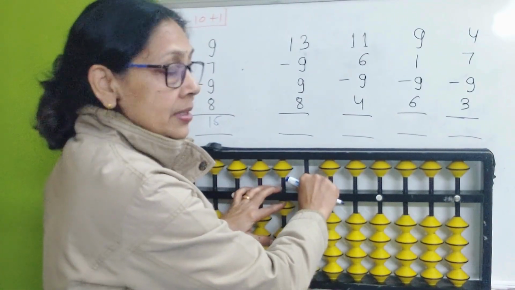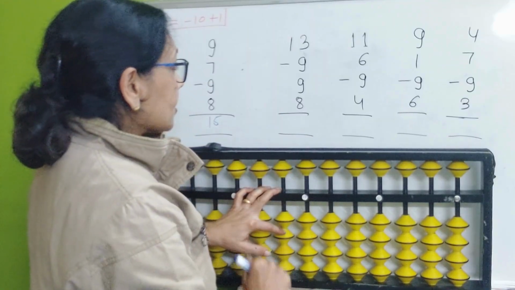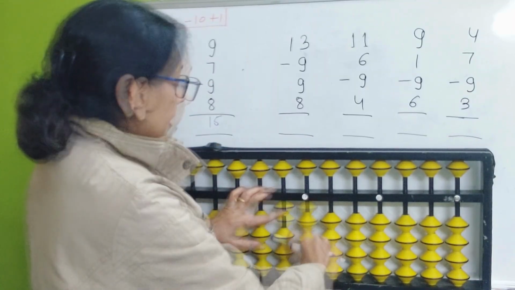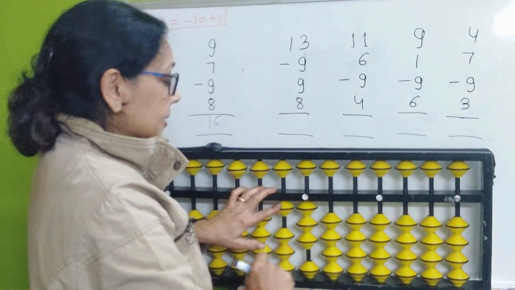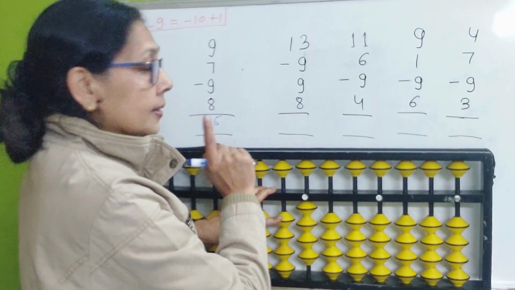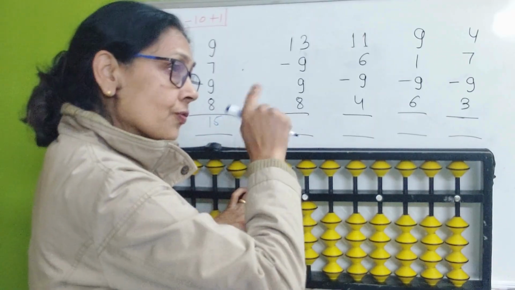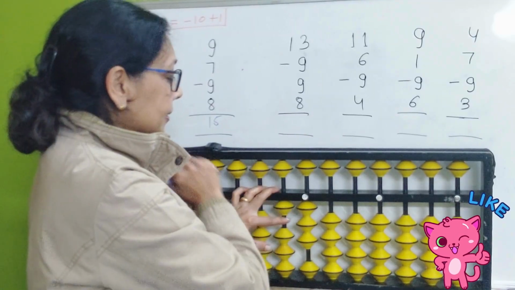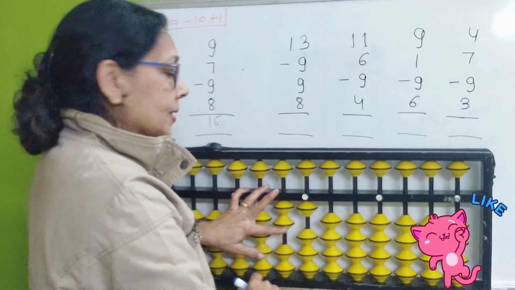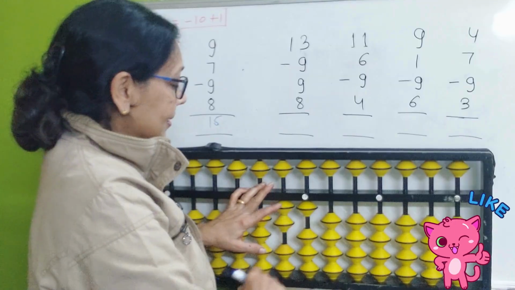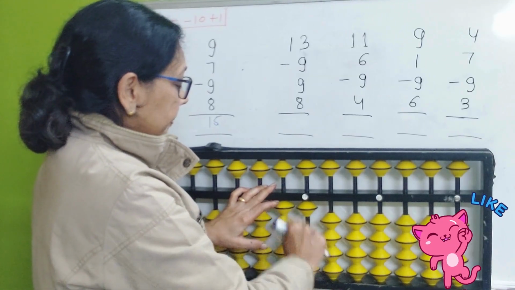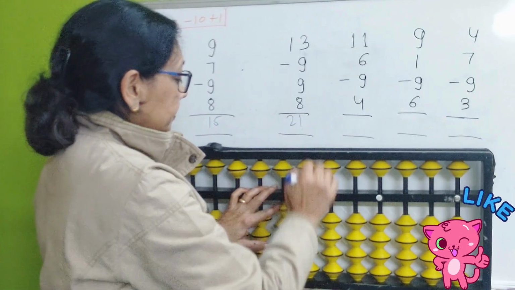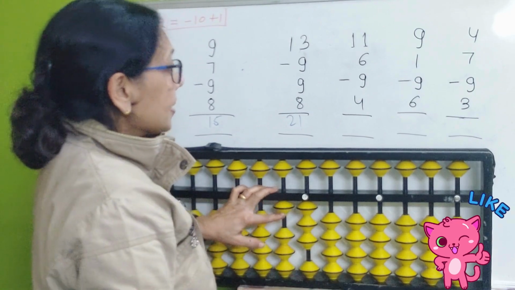If you are forgetting or missing out, see the description box. 13. Less 9, less 10, add 1. Add 9. Less 1, add 10. Add 8. Less 2, add 10. See what I have done. Again, it's 21.